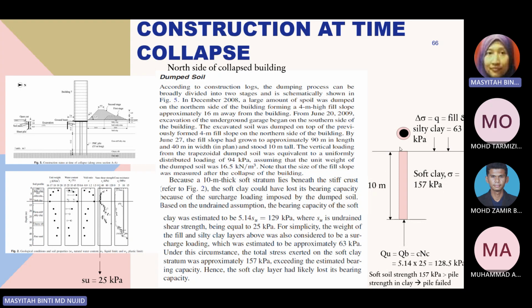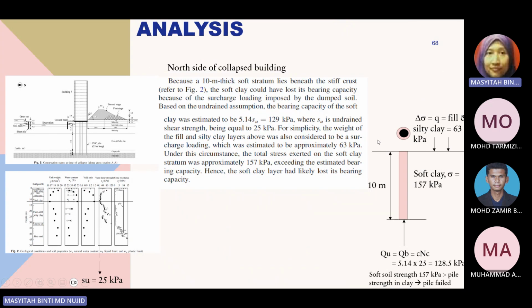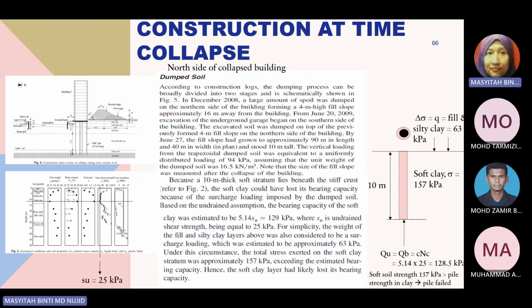So on the right side here, I try to simulate and calculate based on the stated statement, where the surcharge fill is around 63 kPa. With 16.5, you can get the stress from the surcharge by multiplying the unit weight of soil, 16.5 kN per cubic meter, times the height of the fill.